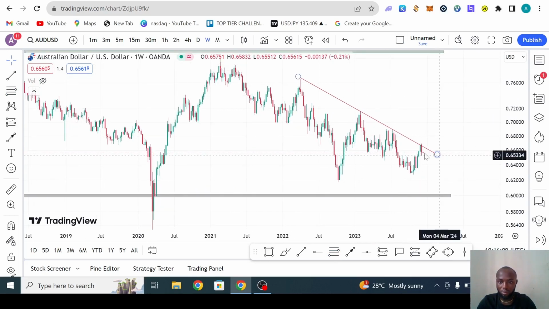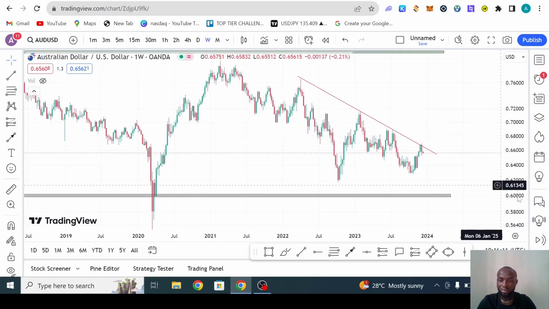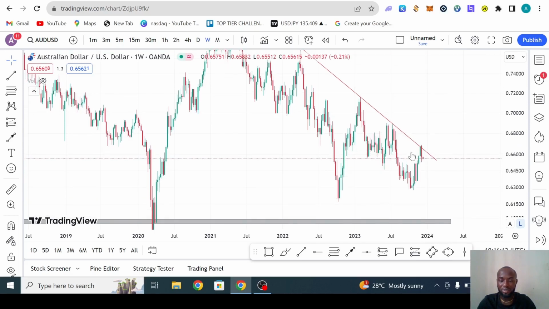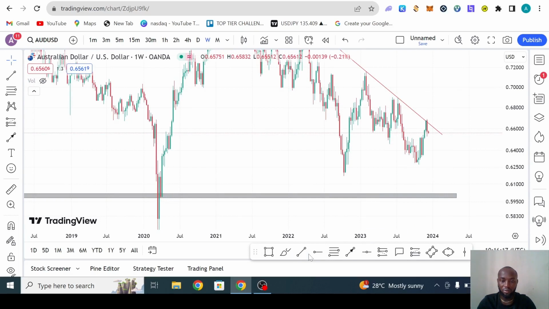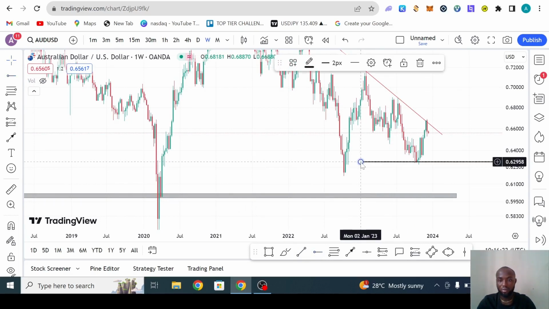So you see the way the market reacts at this level. There is high probability that this market is coming down. At least the first level target to take a look at from this is this zone. Then after this zone, the next zone is going to be this zone, then all the way down to this place now. Are you getting me?